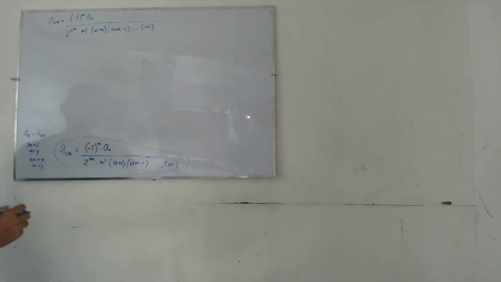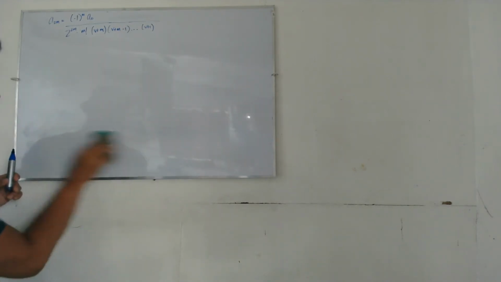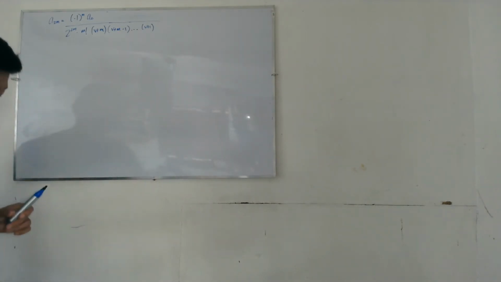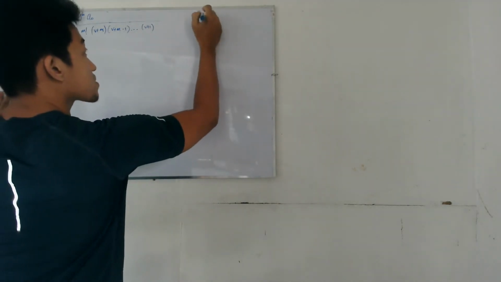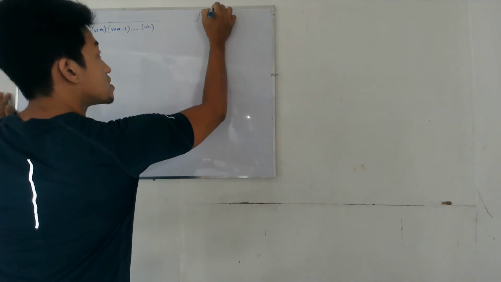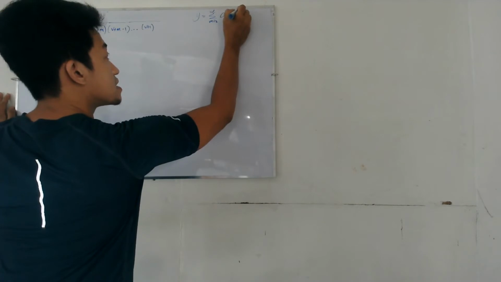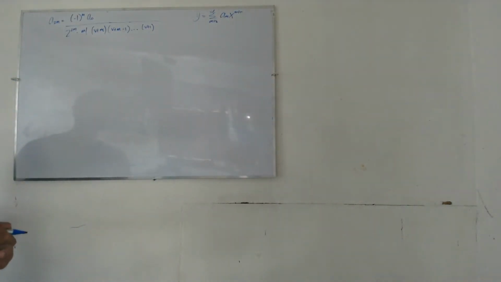Okay? So take note that the solution we assumed is the summation of a_m x to the m plus r. Right? That's what we assumed first.